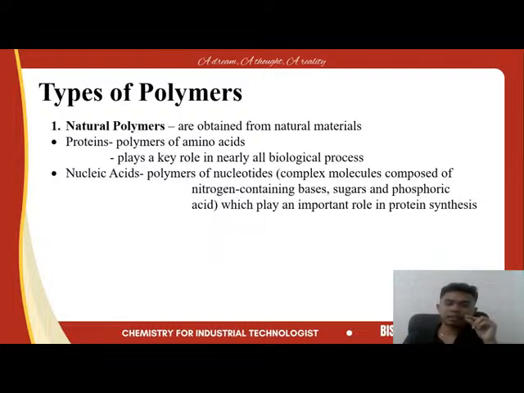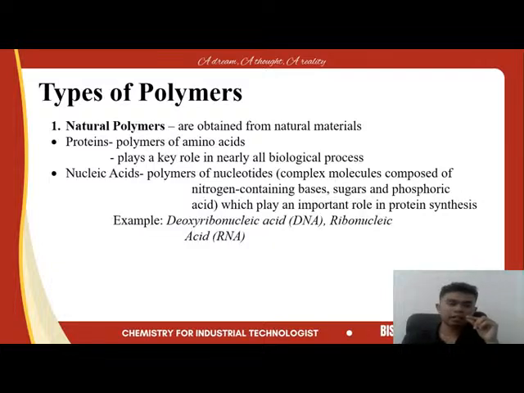We can see them in our DNA and RNA. Those were the examples of nucleic acid: the deoxyribonucleic acid and the ribonucleic acid.